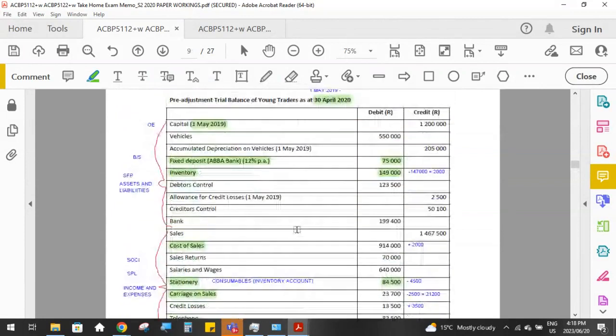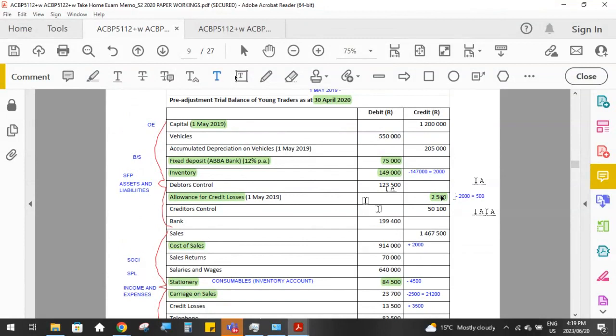So let's see, what is it currently? My allowance for credit losses is currently 2,500, and I want that to equal 2,000. So that means I must make a 500 Rand adjustment.